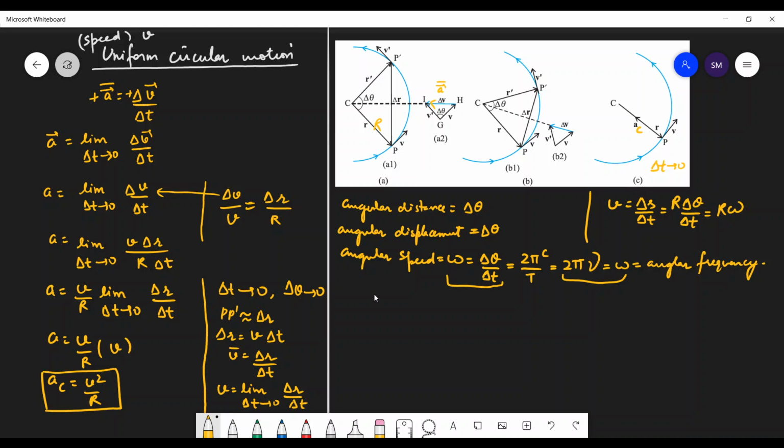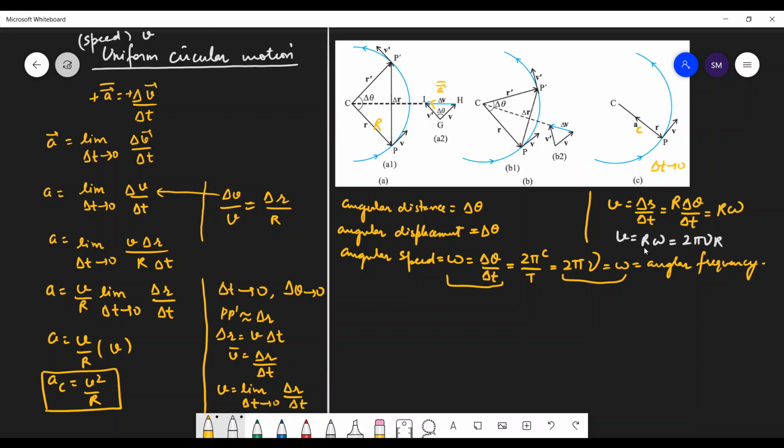So what I'm interested in is writing the centripetal acceleration in some more ways. As I know that v is equal to r omega, I can also write omega in terms of 2 pi nu. So v equals r omega equals 2 pi nu into r.